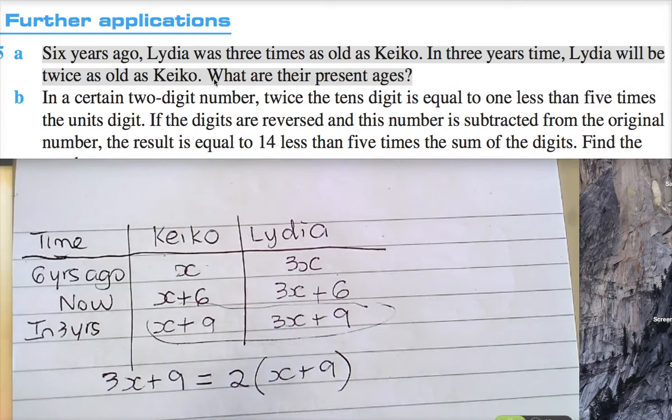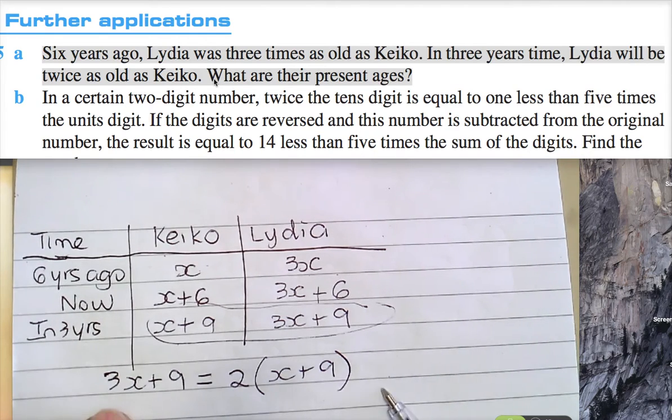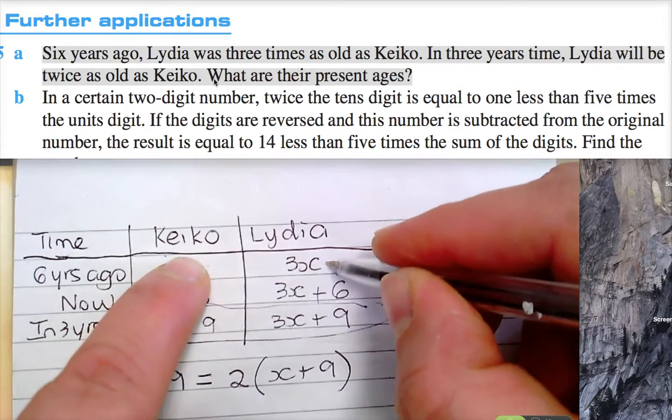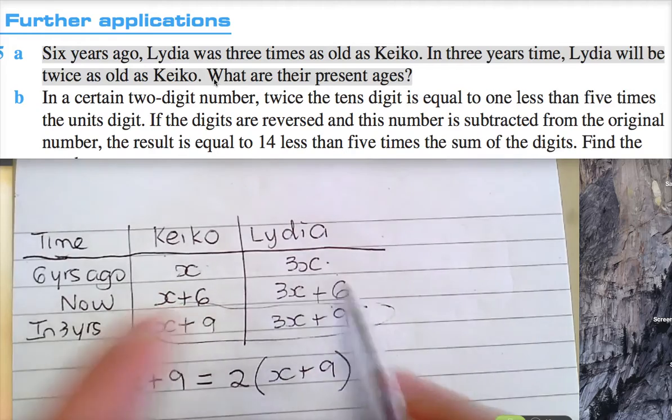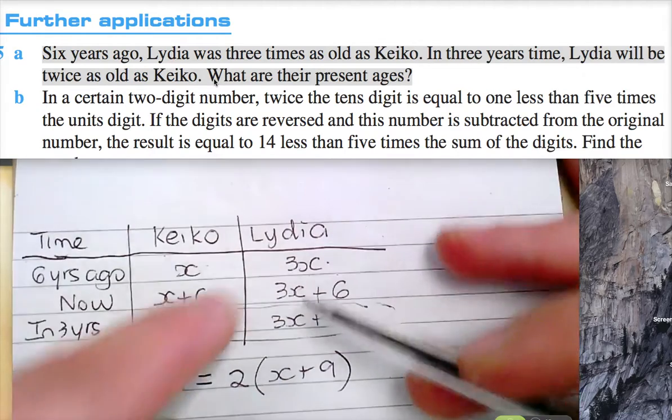So girls, listen, you need to listen very carefully. When you do this table, you only use one piece of information and then you add or subtract years from that piece of information. Then the second statement about comparing their ages, you do as your equation. Okay? So once you've put one value in the table, you just add your years on or subtract your years, whatever you need to do.